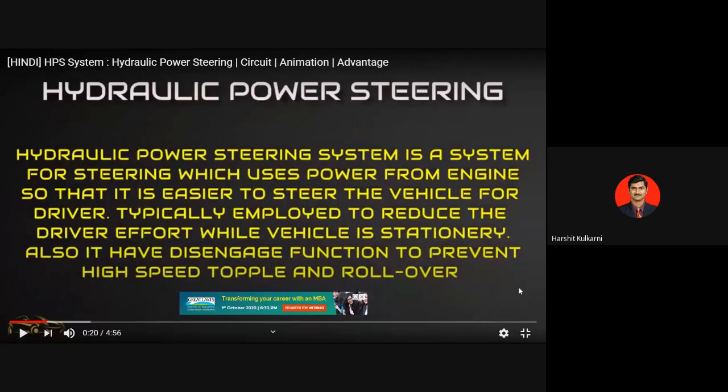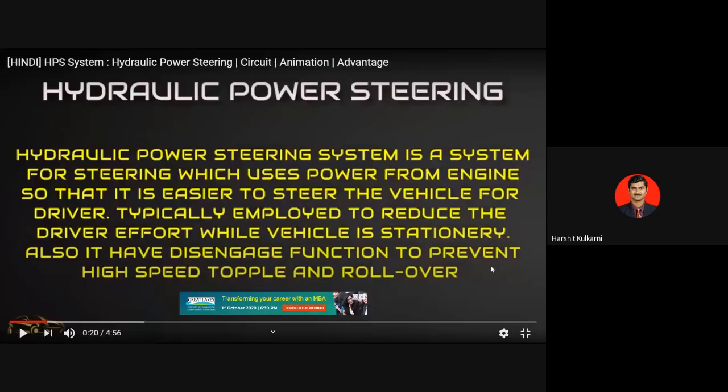Generally this was applied to the mechanical steering system when it was observed that the driver has to put in a lot of effort in order to turn the vehicle and control the vehicle. You might have observed that in the case of heavy vehicles, the hydraulic power system plays a very important role.